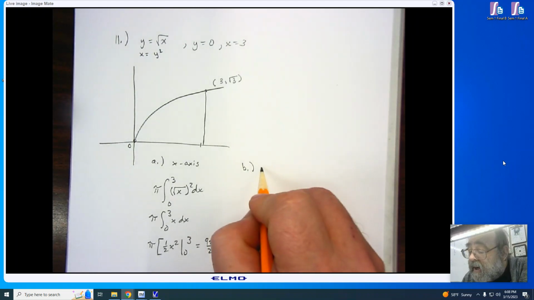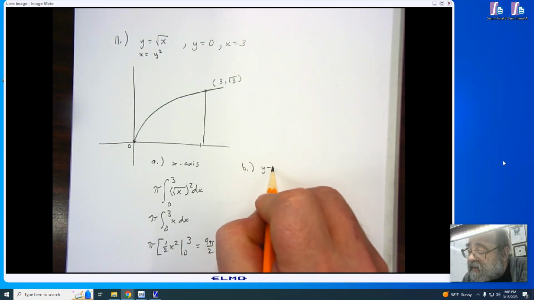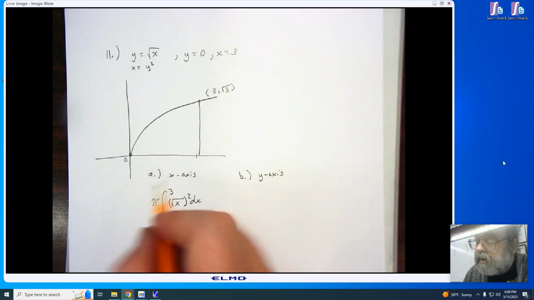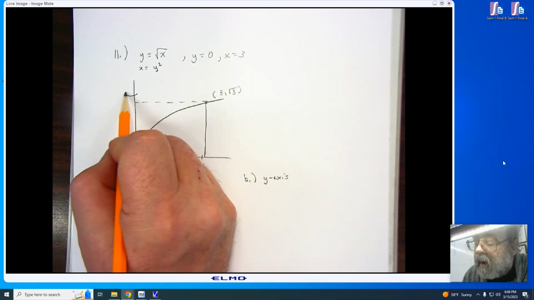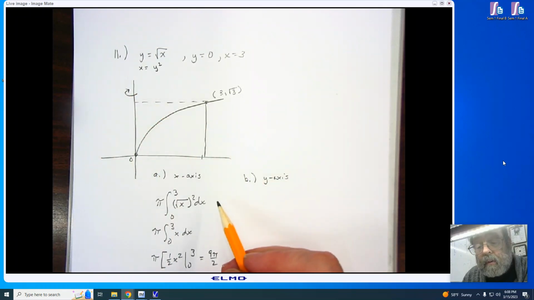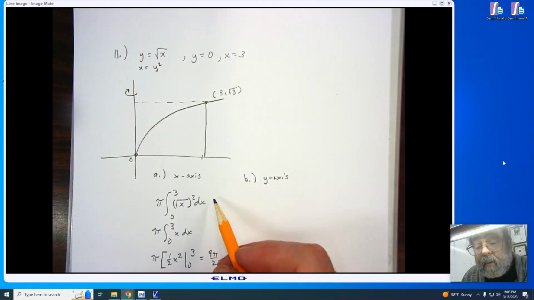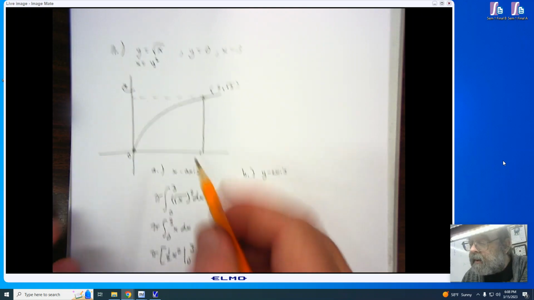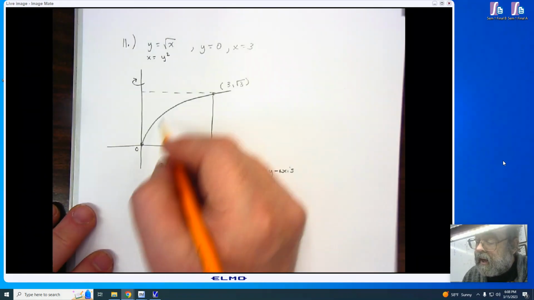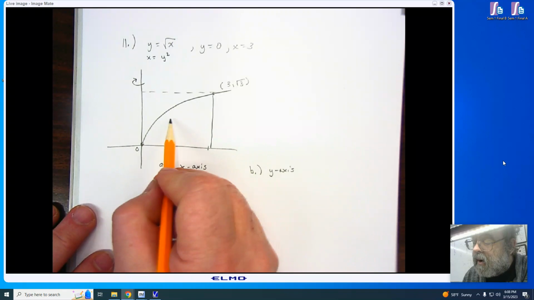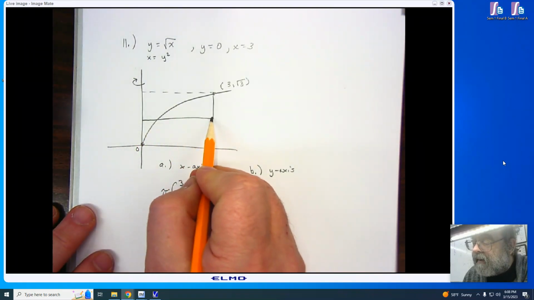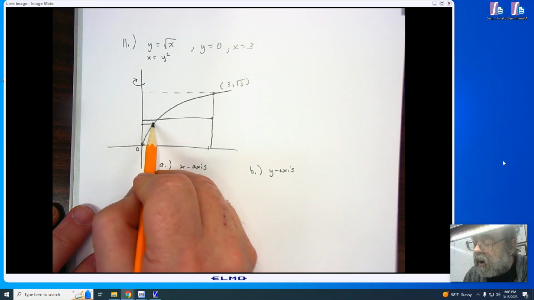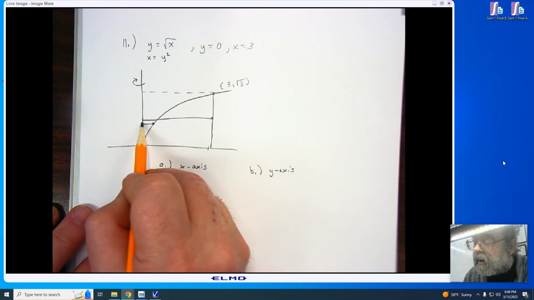B is asking me to revolve around the y-axis, so I'm still looking at this portion of the curve, but now it's going to be the washer method. So I have upper minus lower.